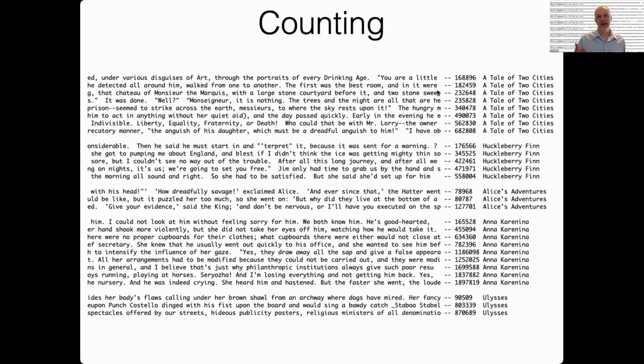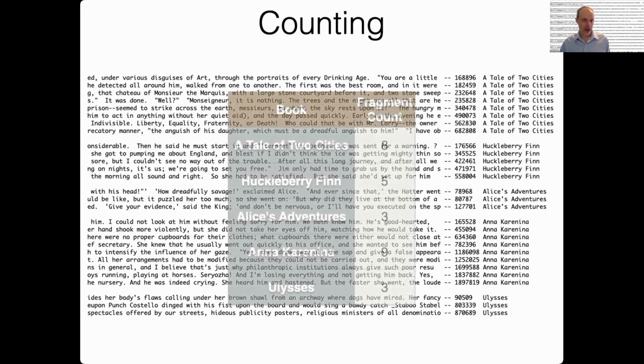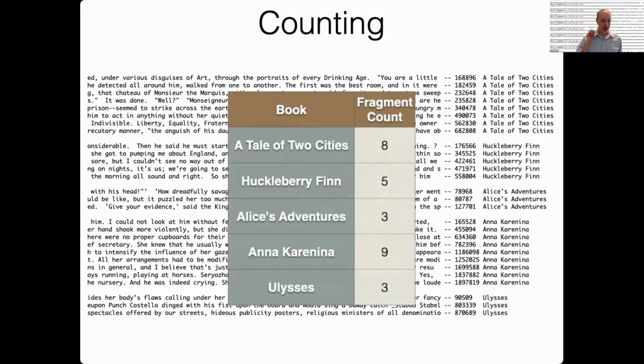But really, we do want exact numbers, right? So I can count these by hand, or I can let the computer do that. And I prefer to let the computer do that. So the computer is going to give me these numbers. And this is what I want: a table of the books and the number of fragments from that book.